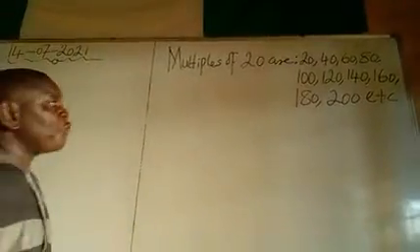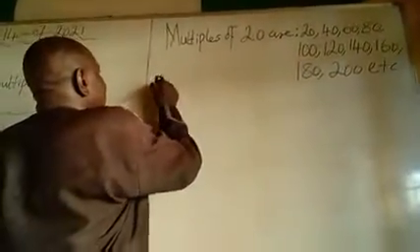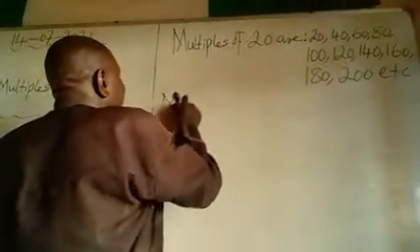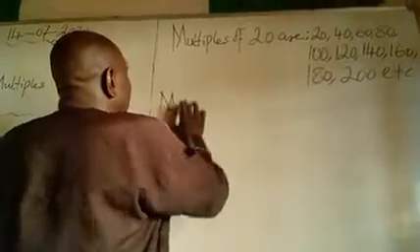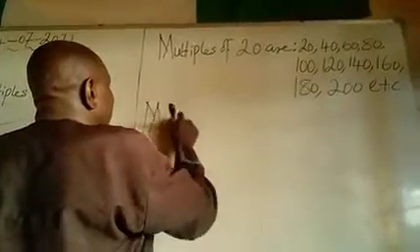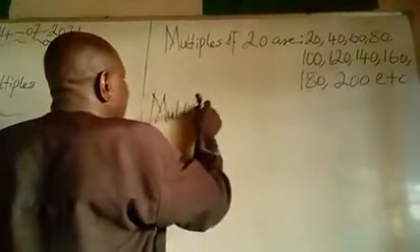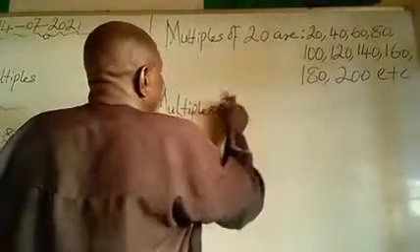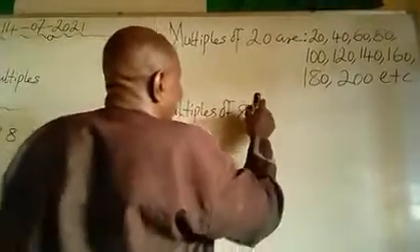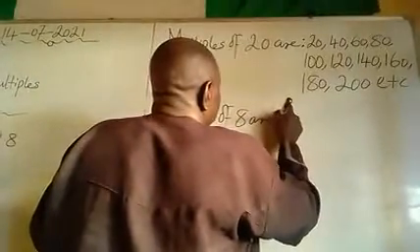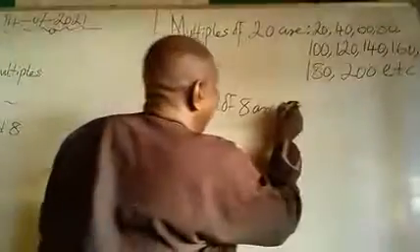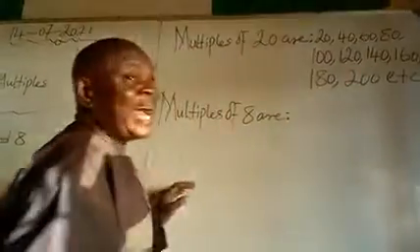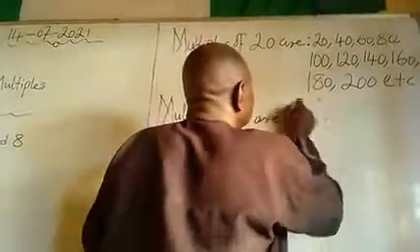Okay, multiples of 8. Multiples of 8 are, first of all, you write down 8. 8 is the number 1.